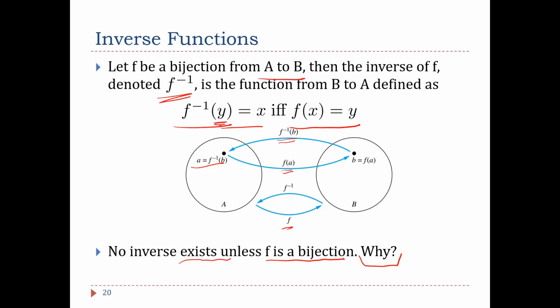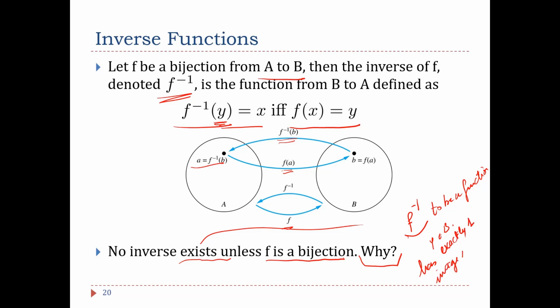So the key is that for f minus 1 to exist and to be a function, you need to meet this requirement that every element y in B has exactly one image in A by f minus 1.